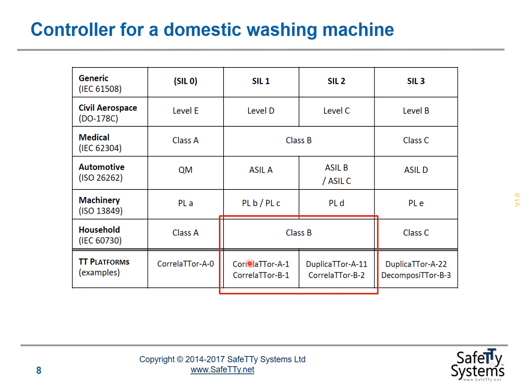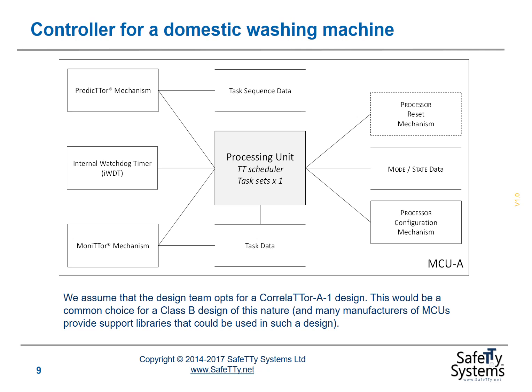We're looking at a correlator A1 platform, which is the simplest option and which is a common choice in this type of application. So we'll assume that the design team opts for a correlator A1 platform. This would be a common choice for Class B designs of this nature, and many manufacturers of MCUs provide support libraries that could be used in such a design.